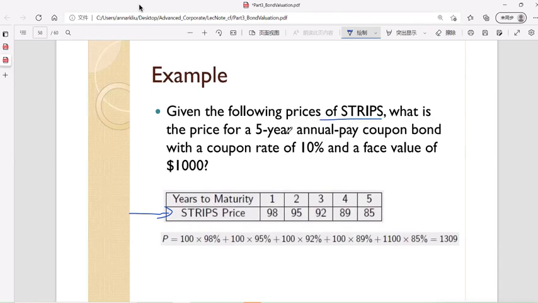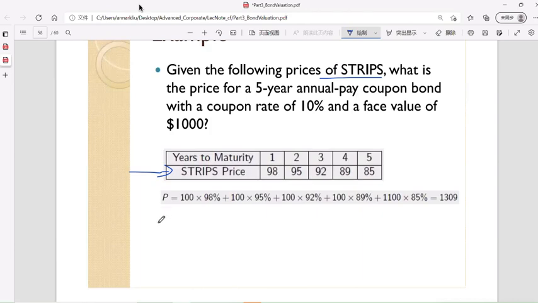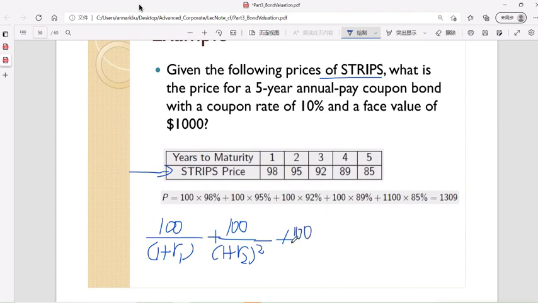You know the price for a 5-year annual pay coupon bond with a coupon rate of 10% and a face value of $1. So in a traditional way, we would use 100 divided by 1 plus R1, plus 100 divided by 1 plus R2 squared, plus 100 divided by 1 plus R3 cubed, and so on.